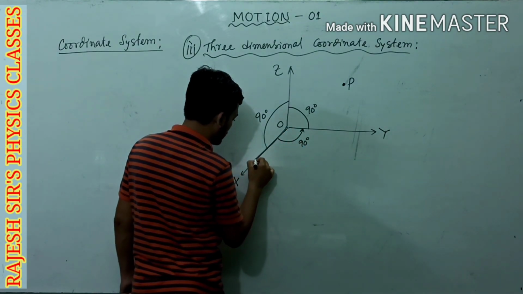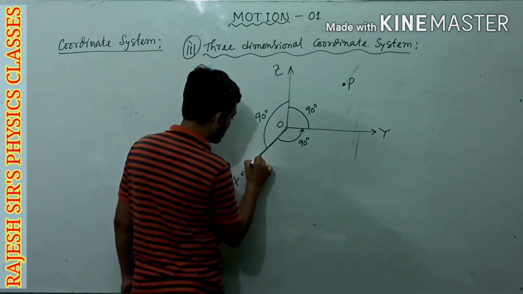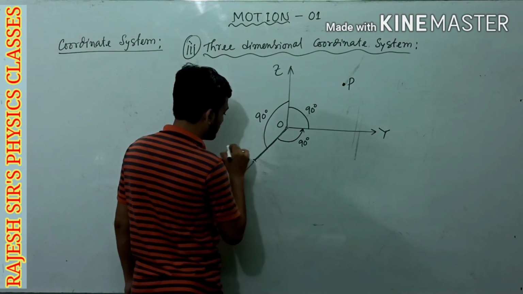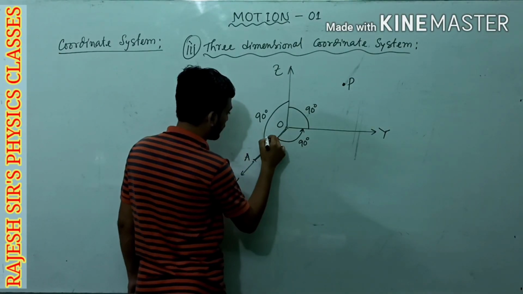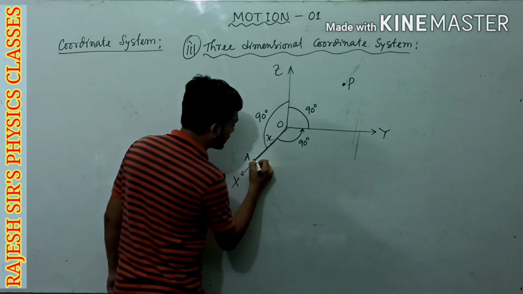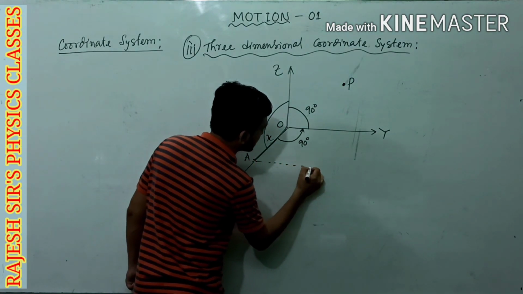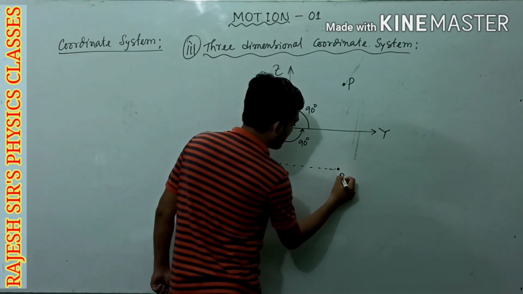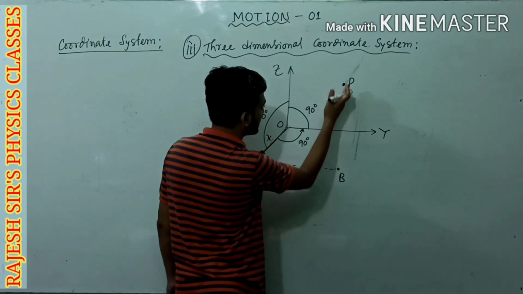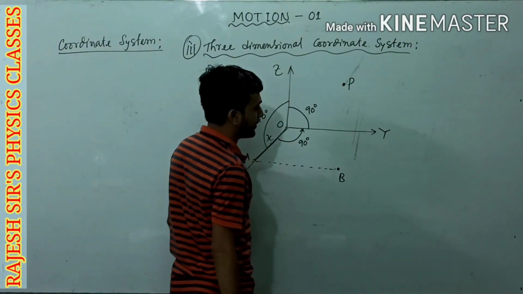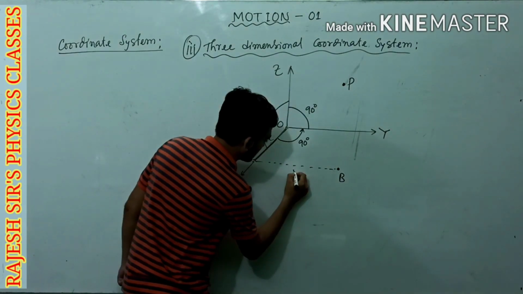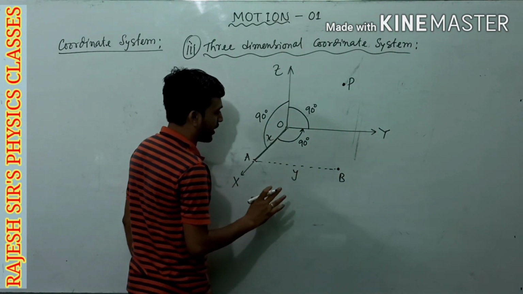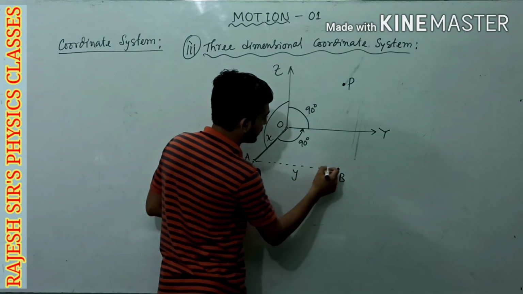Suppose we are to move along the x-axis up to this point. This point is A, and this distance OA is x. After that, we are to move parallel to y-axis up to point B, so that the point B is just below the point P. Suppose this distance AB is y, and from where we will get y?